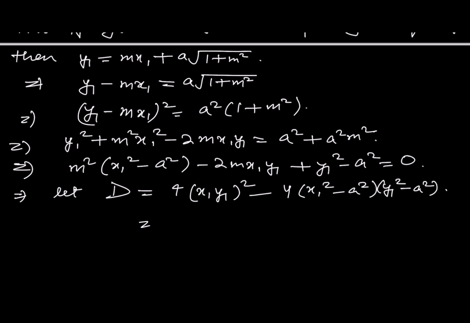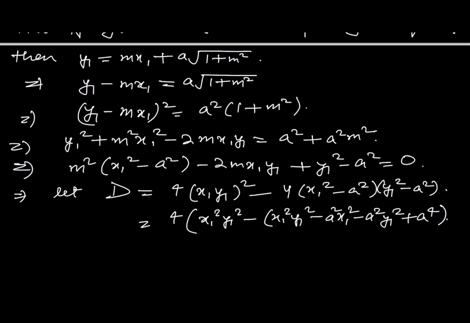If I take 4 common, then it will be x1 square y1 square minus x1 square y1 square plus a square x1 square plus a square y1 square minus a to the power 4. Or it will be 4 times a square common, (x1 square + y1 square - a square).